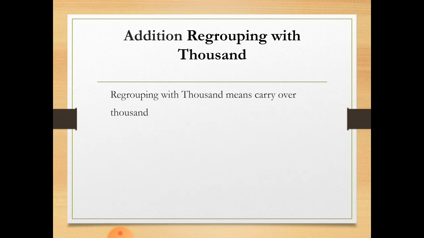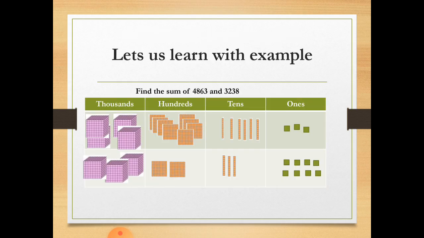Addition regrouping with 1000. Regrouping with 1000 means carry over 1000. Let's learn with an example. Find the sum of 4,863 and 3,238.